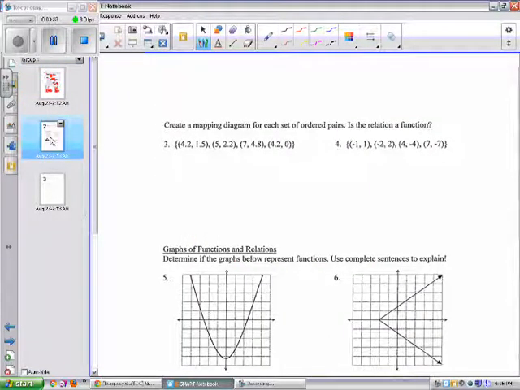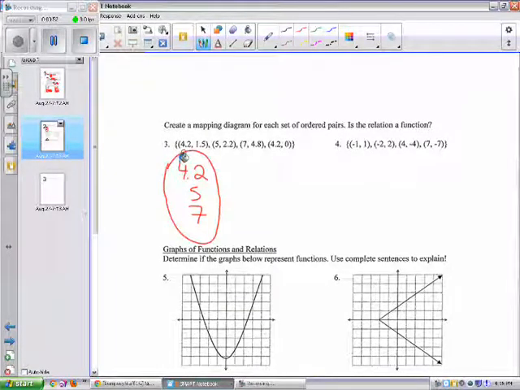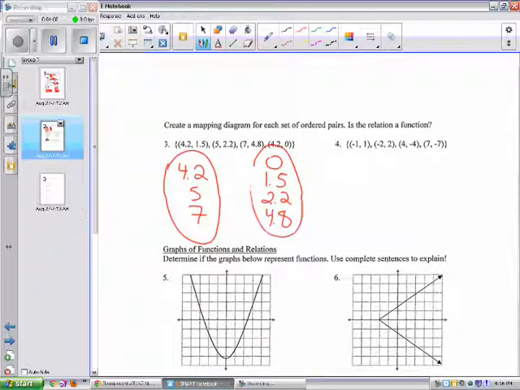So if you flip to the back, we're going to make a map. So looking at number 3, we list out our domain, our x values, and we always do it in numerical order. So we've got 4.2 listed twice, but we're only going to write it one time. We don't write it twice for our maps. Now we write our range, which is 0, 1.5, 2.2, and 4.8.